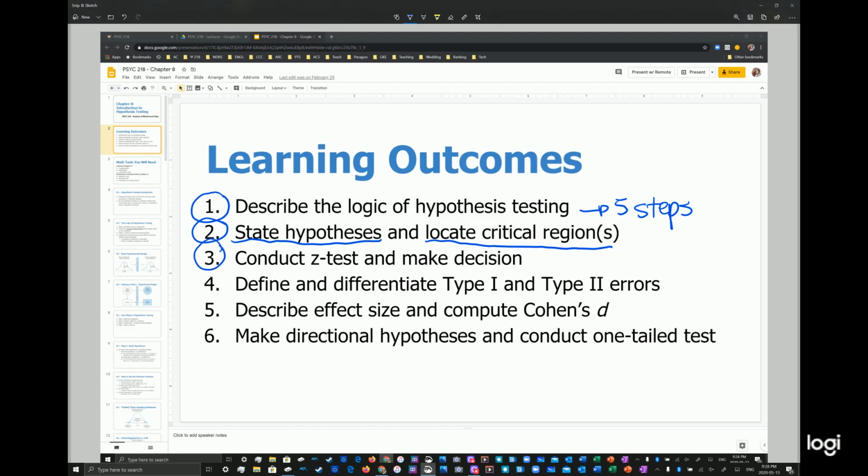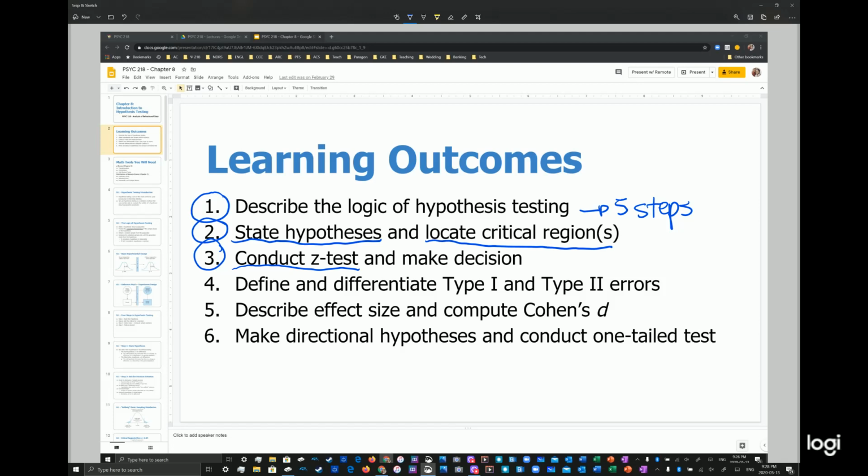Next, we're going to conduct a z-test. Well, we're using a z-test here because we're working with situations where, for now, we know the population distribution, including its mean and standard deviation.